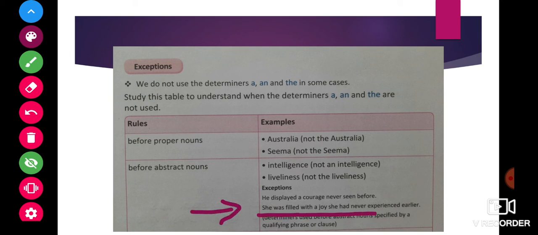She was filled with joy she had never experienced earlier. So she was filled with joy is the main clause. She had never experienced earlier is the qualifying phrase. So whenever there is a qualifying phrase, we can use article before abstract nouns too. We will consider the topics of phrases and clauses in the coming chapters.